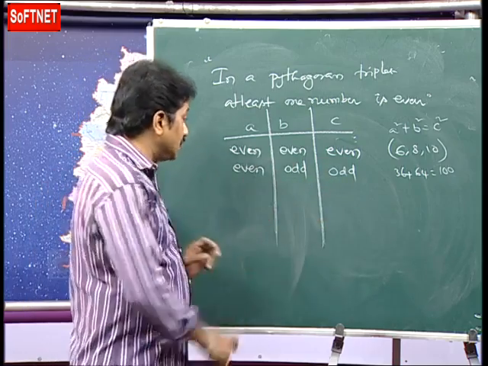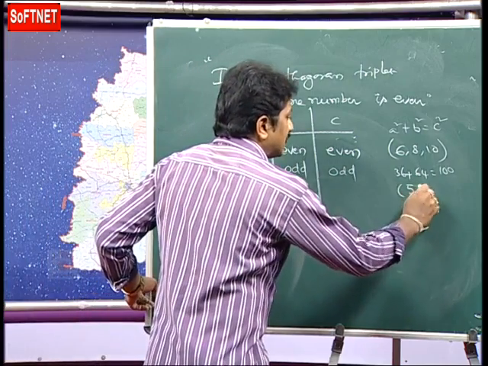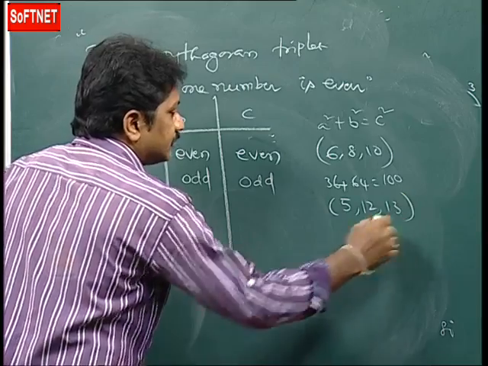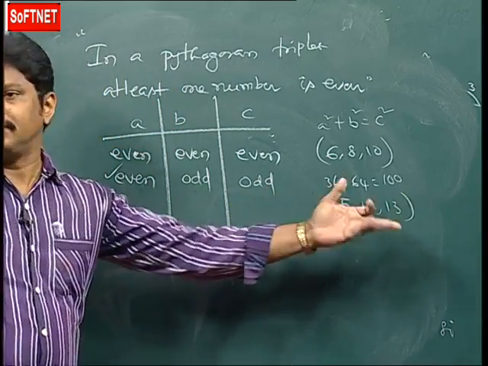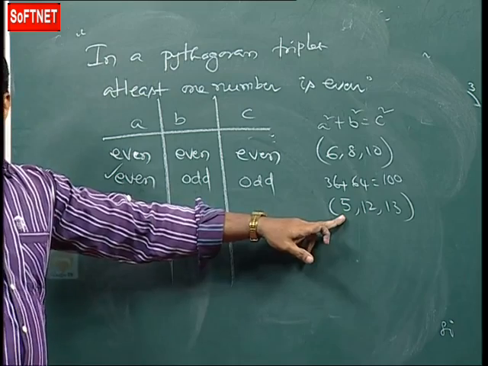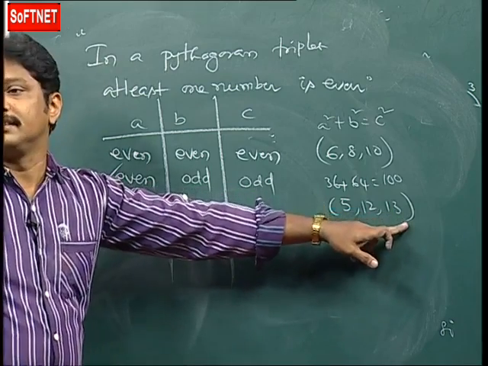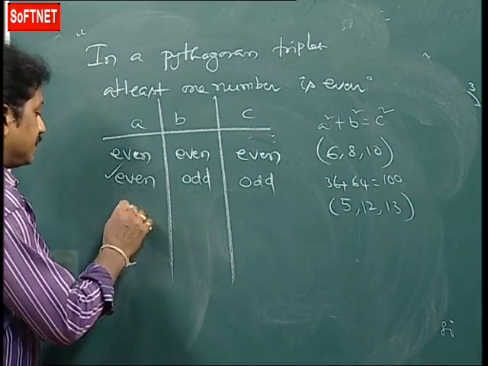So C is odd, and here we have an even. Let's take an example: 5, 12, 13. One is an even number, the other one is an odd number, so we will get an odd number. So 5, 12, 13.